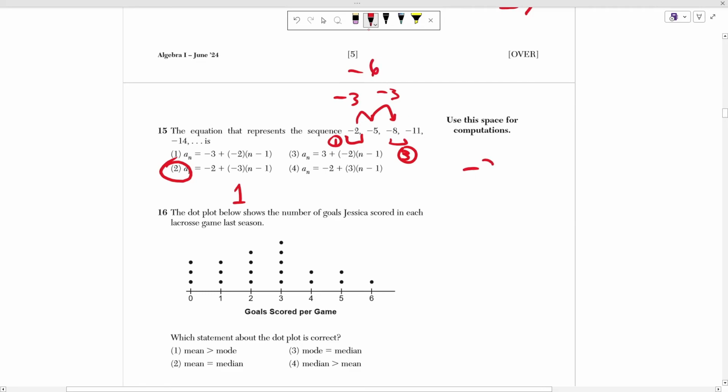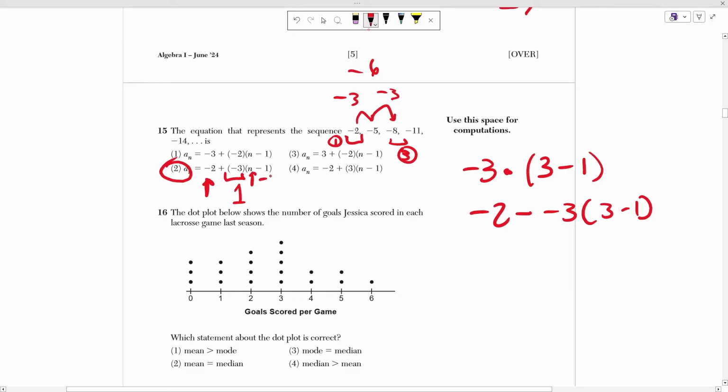Or -3, which is what I'm subtracting by, multiplied by the third position minus the first position, which is 1, okay? So it's actually -2 plus -3 times 3 minus 1, okay? And choice A reflects that, okay? We have -2, and onto that, we're changing it by -3 times the position of the unknown point minus 1.